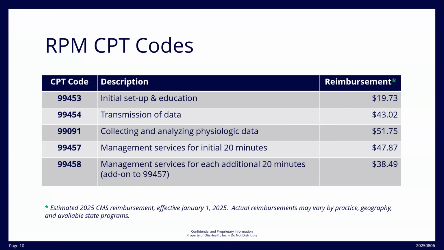And so there are 5 CPT codes. 2 of them are related to each other. 99457, 99458 are the same activity. It's just that the second one is the additional work. So if additional management or services are required for that patient, then the billing rate drops slightly after the first 20 minutes.